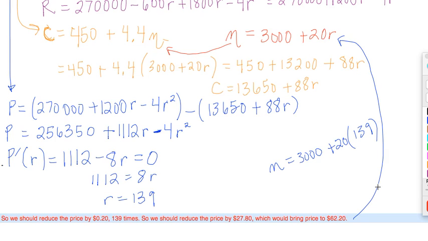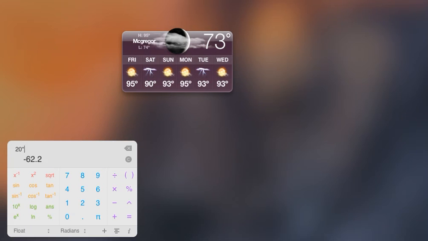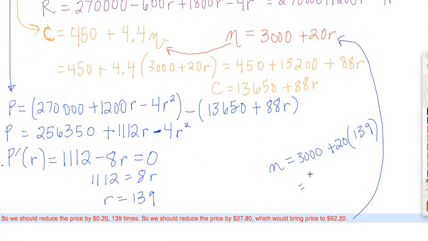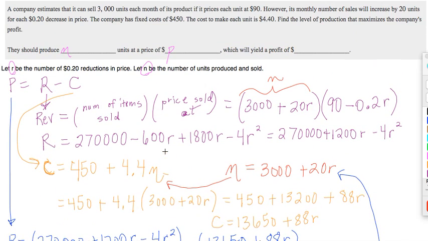And that'll tell you the number of items that we should sell. 20 times 139 plus 3,000 is 5,780. So 5,780 items is what you should produce, and hopefully you'll sell everything that you produce. So it's a complex problem. If you have any more questions about it, please let me know.